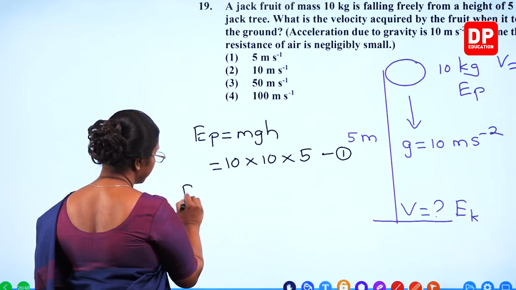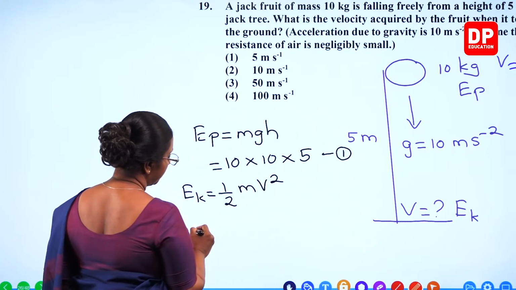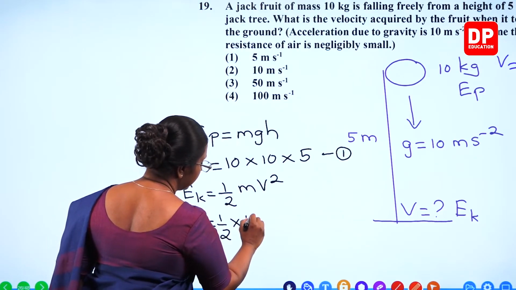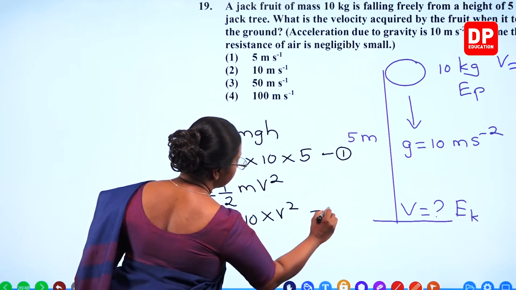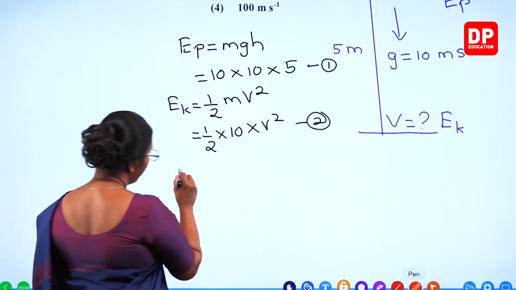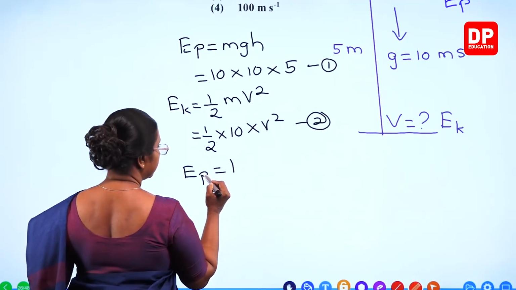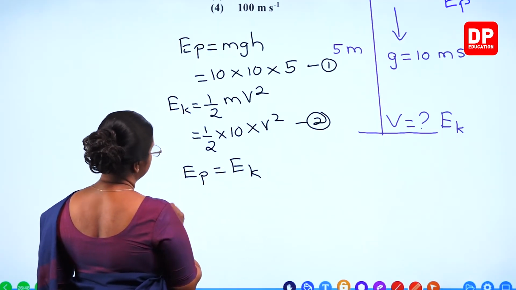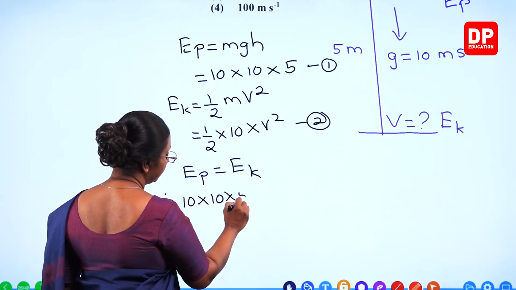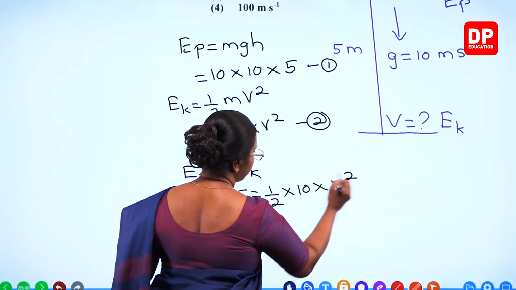The second equation is for kinetic energy, half mv squared. So that is equal to half into mass 10 and v squared. But here you all know potential energy equals kinetic energy. Therefore, 10 into 10 into 5 is equal to half into 10 into v squared.